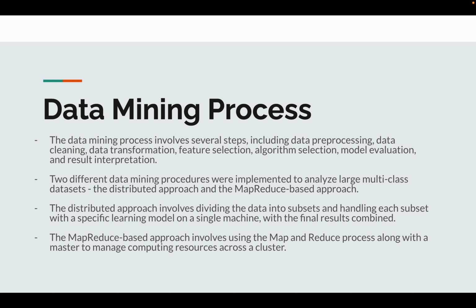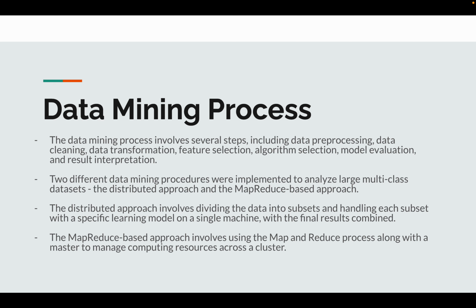The first step of the data mining process is data pre-processing. In this step, the data is prepared for analysis. This involves data cleaning, which is the process of identifying and removing incomplete, inconsistent, or irrelevant data.